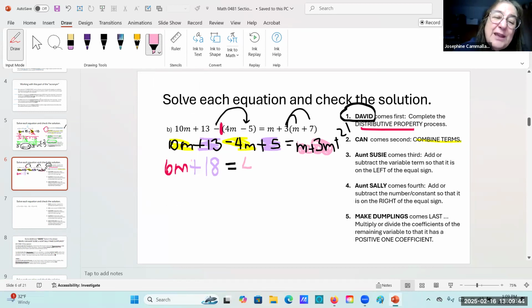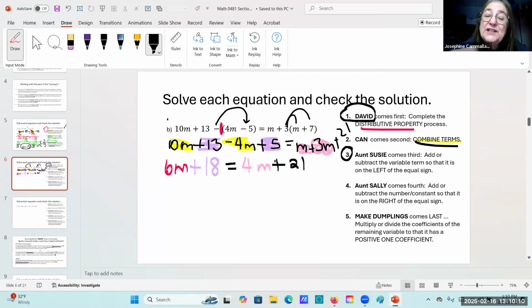Now this will give me 4m plus 21. Lots smaller than what I started with in the step above, but I knew what to do in the order of which to do it.